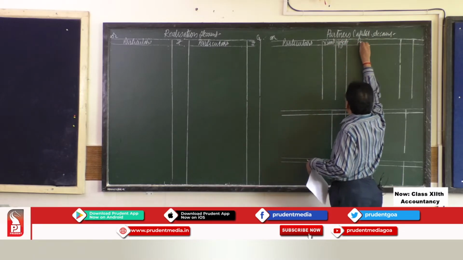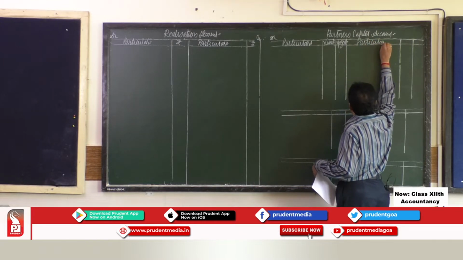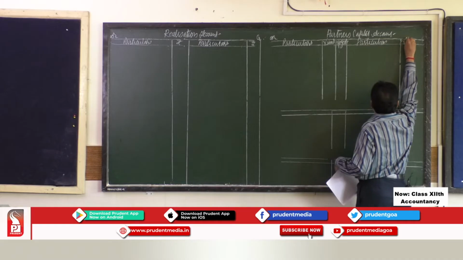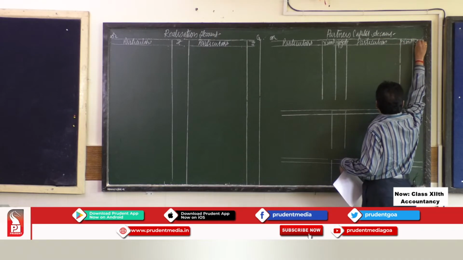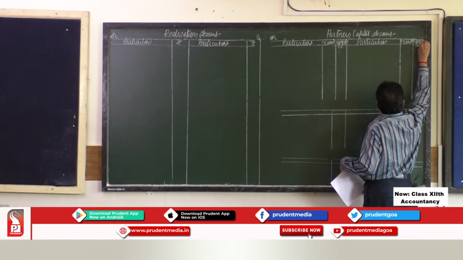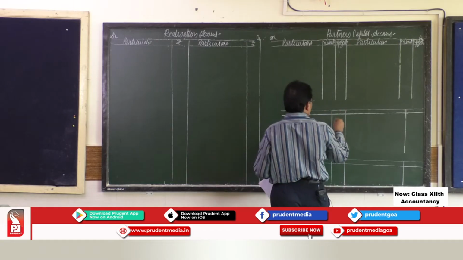On the credit side also, the same columns, that is particulars, partner Vinit and partner Yogesh. So, this is the second account.